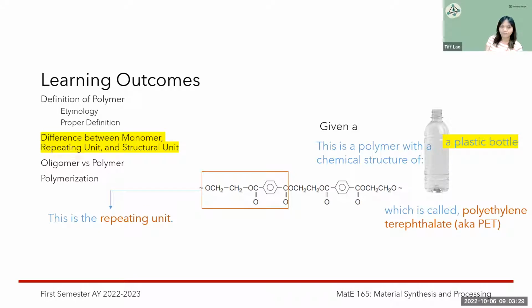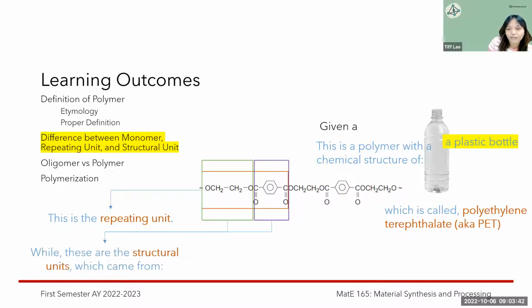So now, what am I highlighting here? The green and the violet. These are called structural units. The green came from ethylene glycol, and the violet came from terephthalic acid.